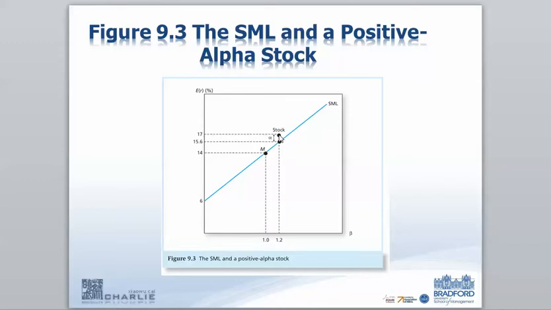It means this stock is undervalued, so if we buy this stock, it's going to generate a higher return. So a positive alpha means it's undervalued, and we should buy a stock with future expected positive alpha.